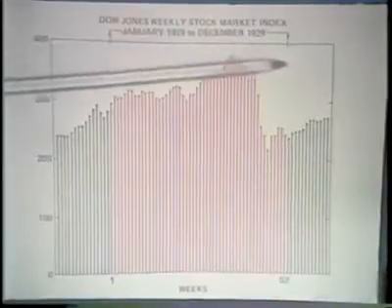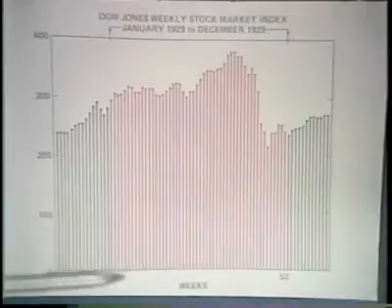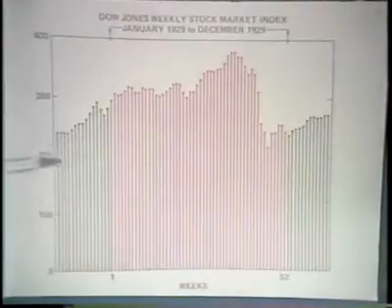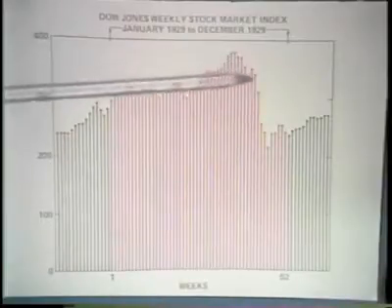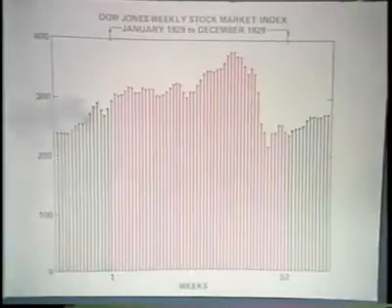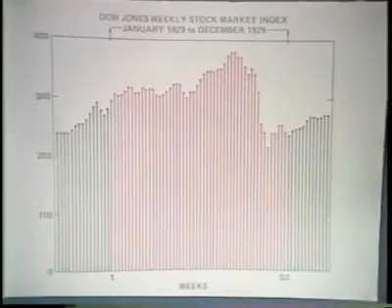It represents the weekly stock market index. The independent variable in this case is the week number, and we see what the stock market is doing over this particular period as a function of the number of the week, and of course along the vertical axis is the weekly index.